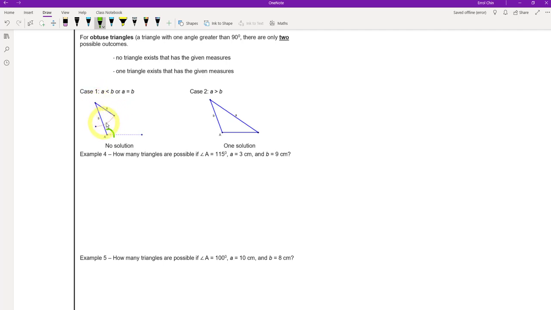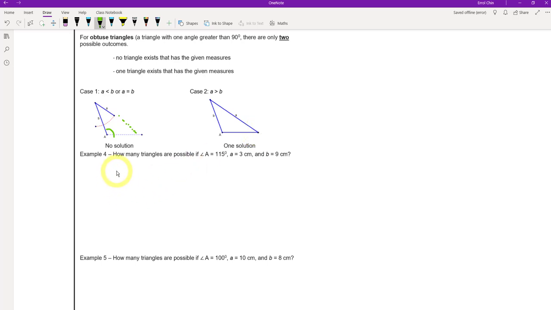If a is less than b, the door doesn't even reach the base or the wall, right? It's too short. If a is equal to b, that means all it does is line up right onto b. So the only way you can have a triangle is, of course, this case, where a has to be bigger than b. a has to be longer than b in order to reach the wall, right?